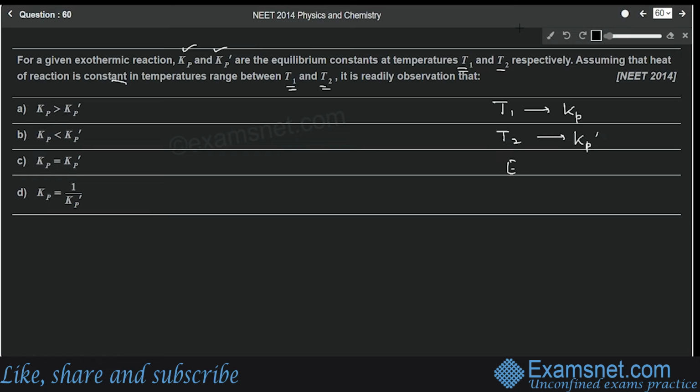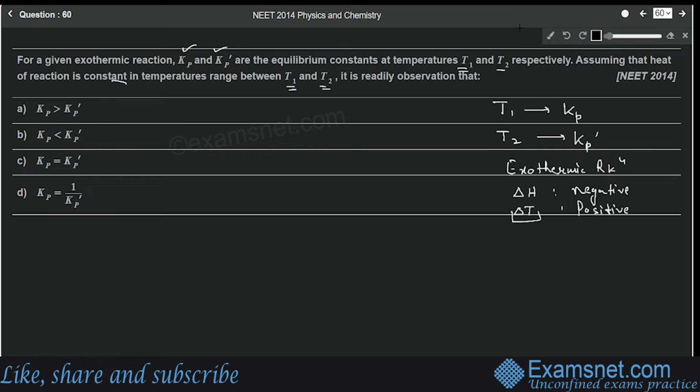Also it is given that the reaction is exothermic, and we know that for exothermic reaction the value of delta H, that is enthalpy change, is negative, whereas the value of delta T, that is temperature change, is positive, right?